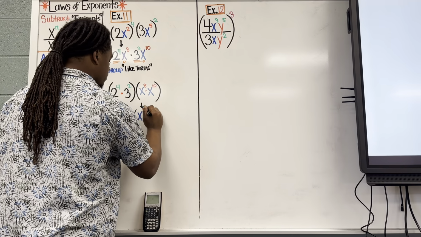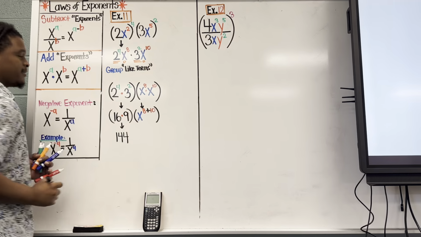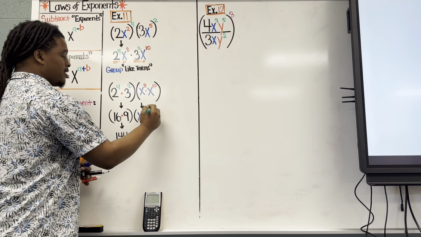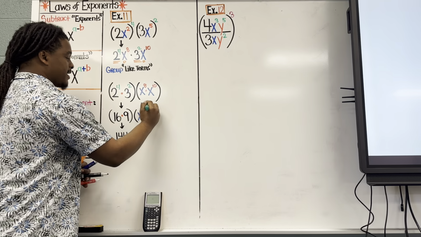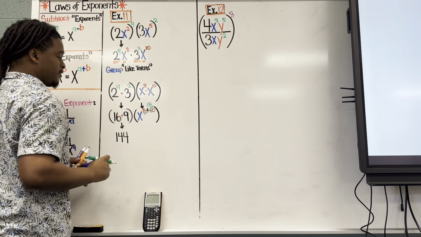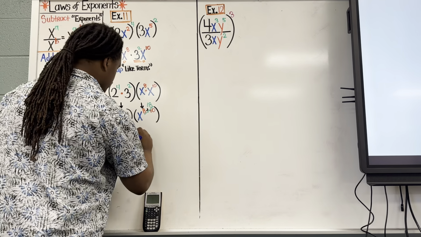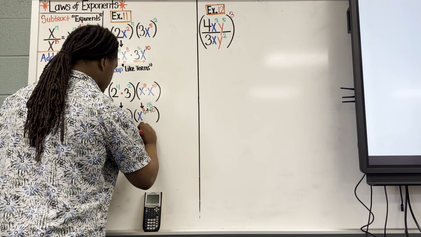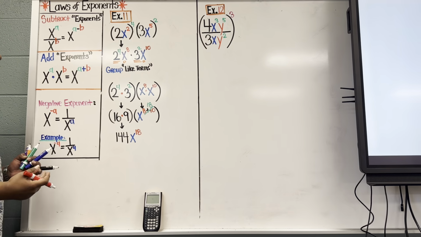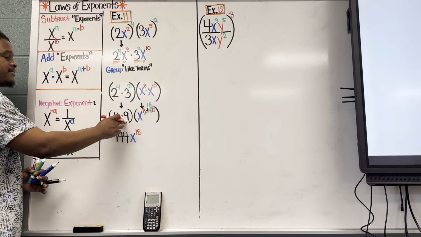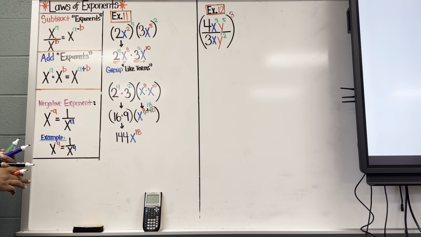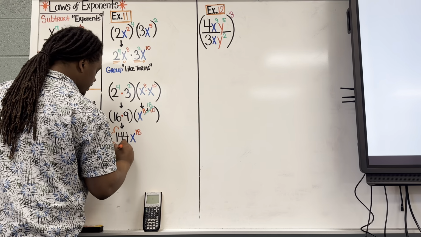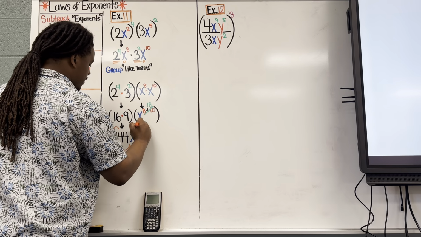Once again, all we have to do is add the exponents. 8 plus 10 is 18, so that's going to turn into x to the 18th power. Then we just combine it with 16 times 9, which is 144. So this right here, guys, is our final answer: 144x to the 18th power.